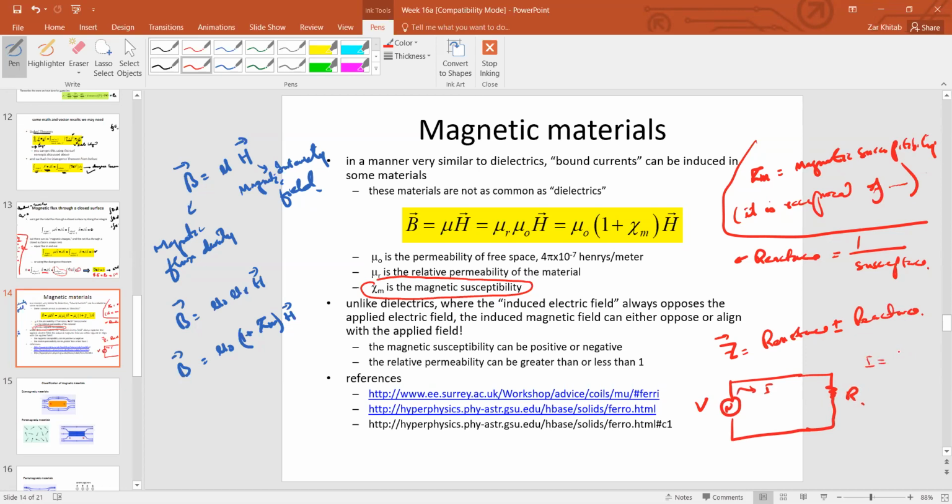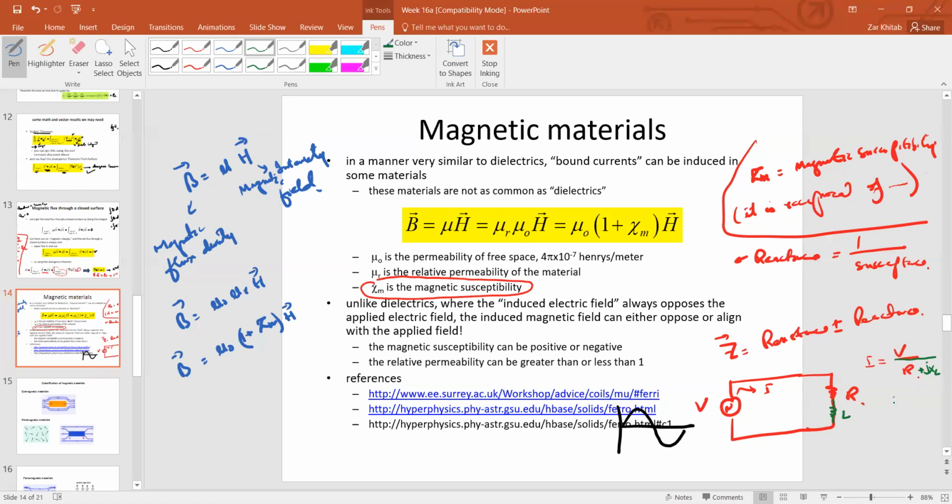I will be equal to V divided by R. Now if somehow in this circuit I have a reactance part, L also, then my current I is V over R plus j XL.